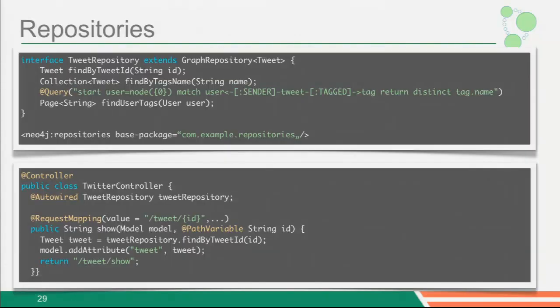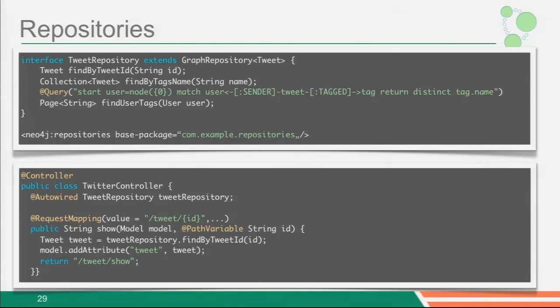This is the whole configuration that you have to have in either your XML configuration, or you just use enable Neo4j repositories in your Java-based Spring configuration. And then you can start writing domain-specific repositories, meaning data access objects that allow you to represent domain-specific operations on your database.